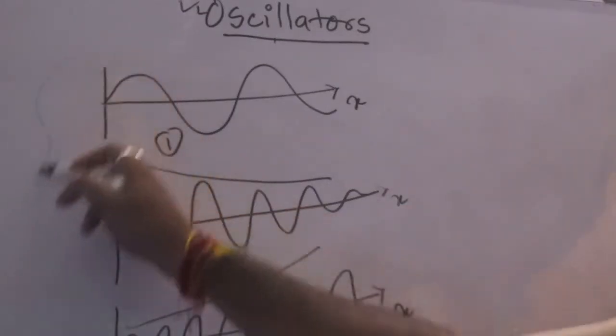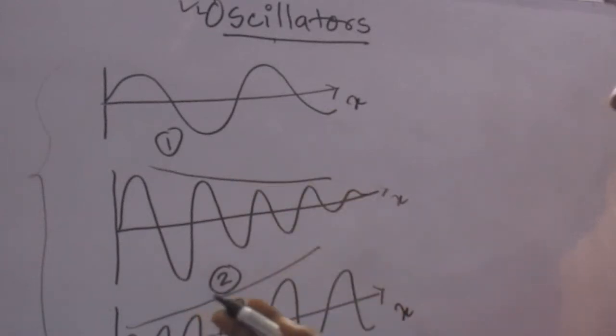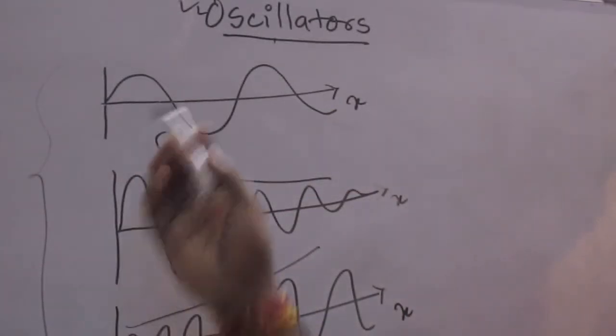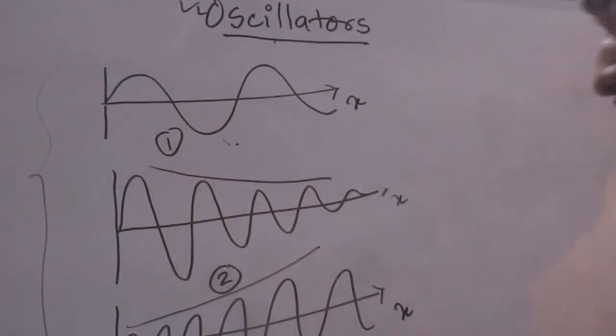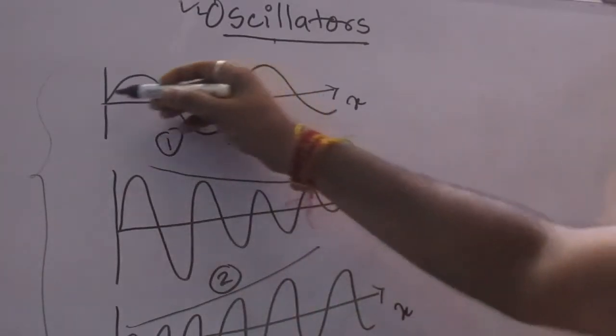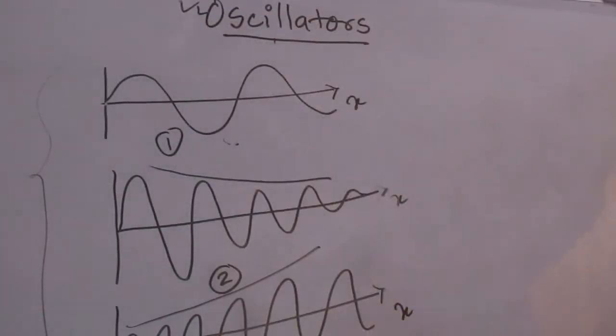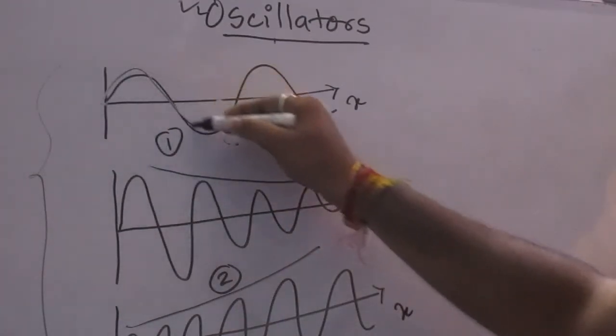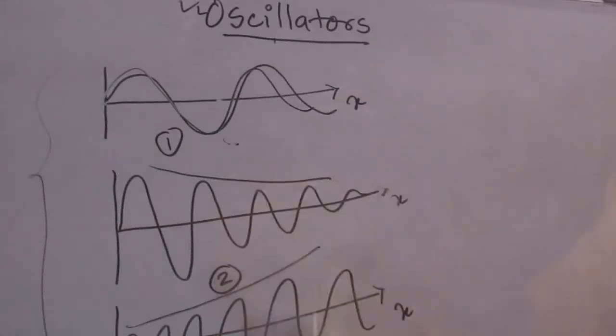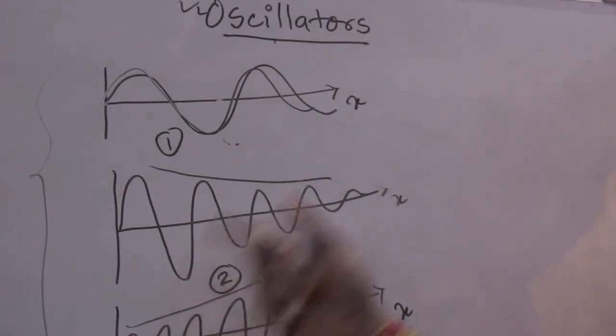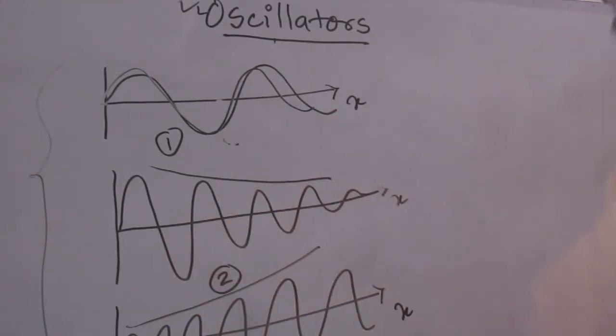Among these three curves, the first one is known as sustained oscillation, because the amplitude sustains its constancy along the x-axis, whereas in the second and third cases, the amplitude decreases and increases respectively.